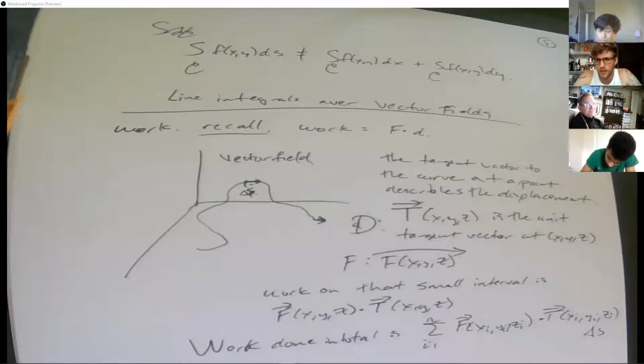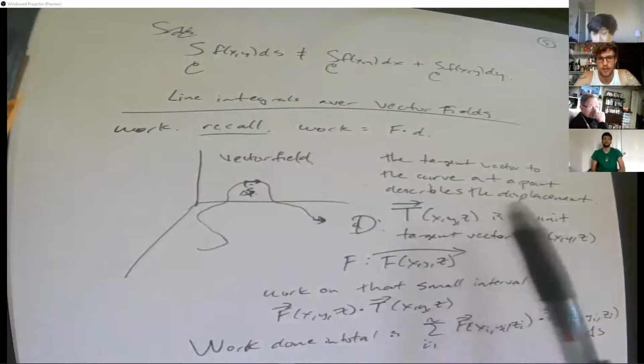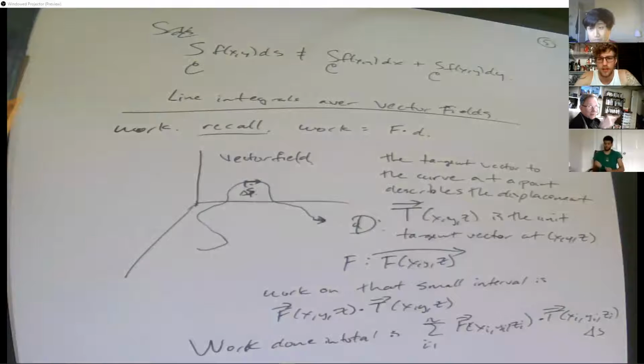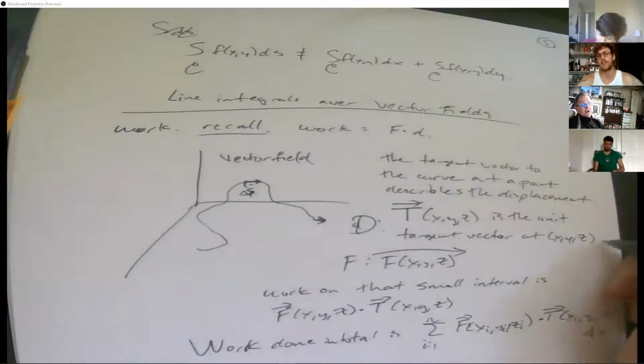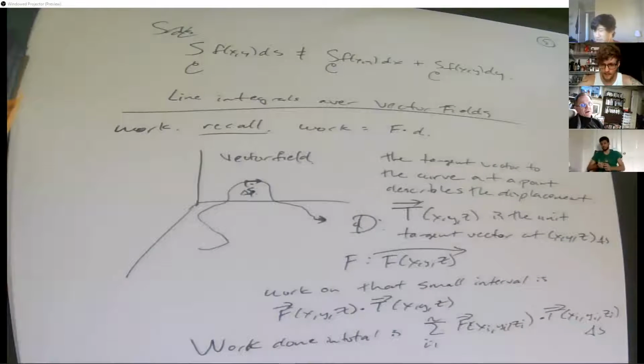The unit tangent vector describes the direction I move, and ds describes how far I'm moving. The tangent vector only describes direction. It's a unit tangent vector. So we need delta s to describe how far we go.